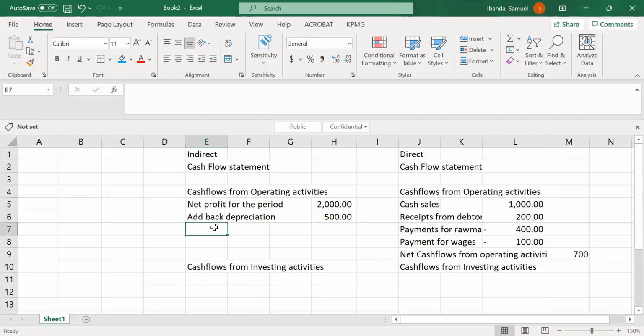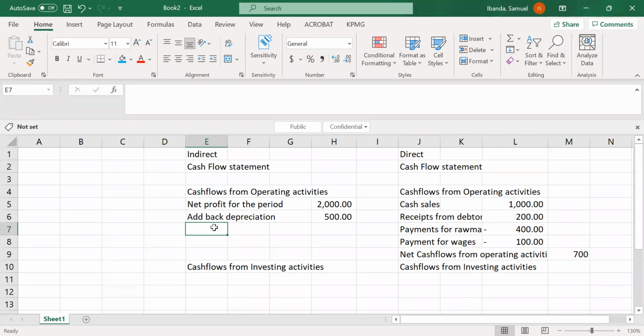Then we might have, let's say we have a gain on disposal. Now, gains on disposals are also non-cash in nature. Basically, there is no cash movement. The gain on disposal is more of, we call them notional accounting calculations.